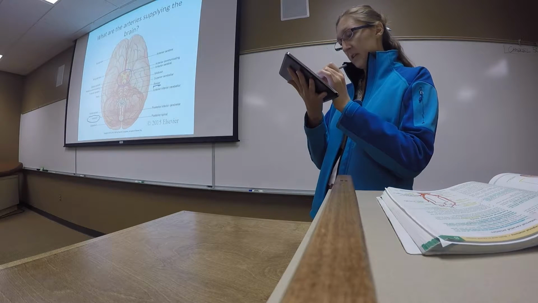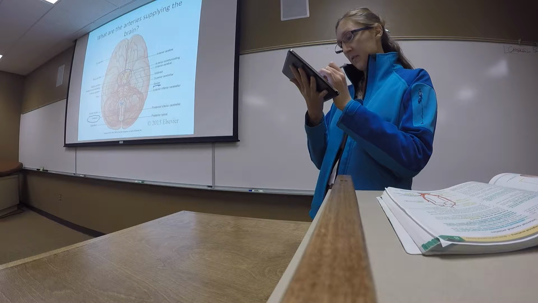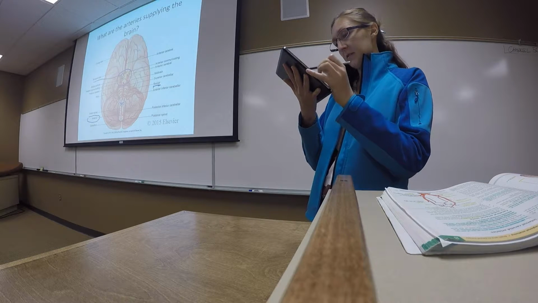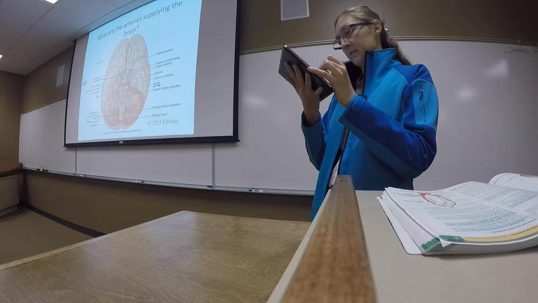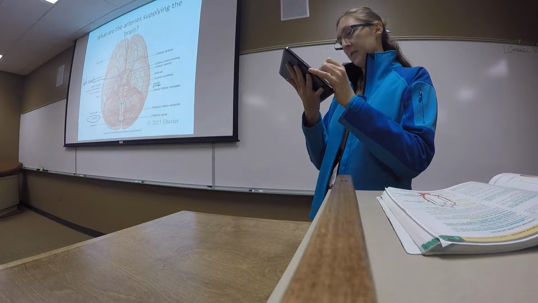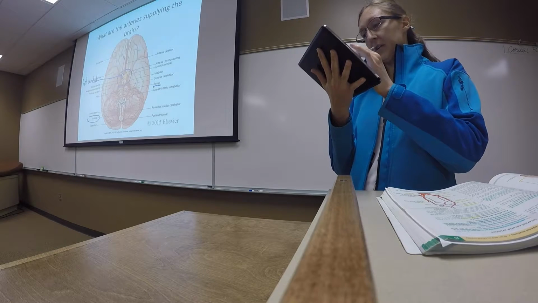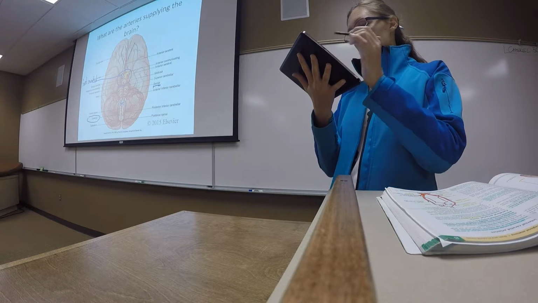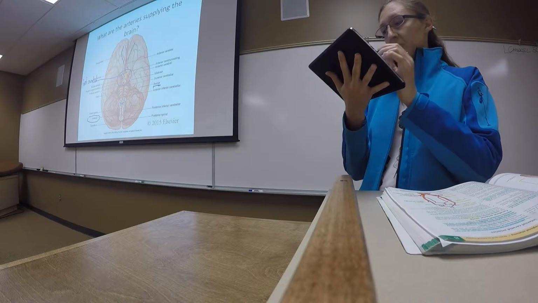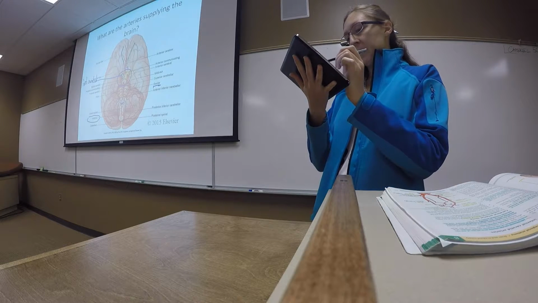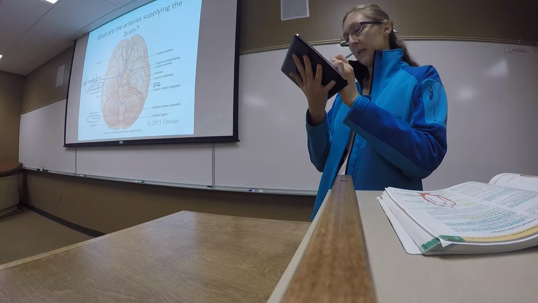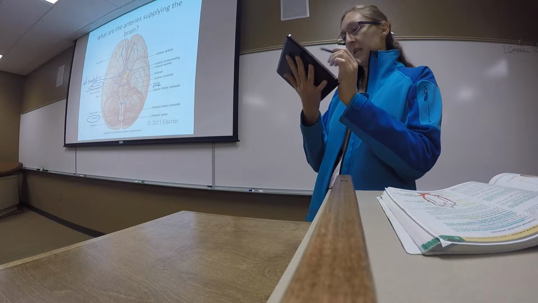So then also we see here these cut vessels. These are the internal carotid arteries coming into that circle there. And then we have our anterior cerebral coming out anteriorly, as the name implies. The middle cerebral is actually coming out underneath the temporal lobe.